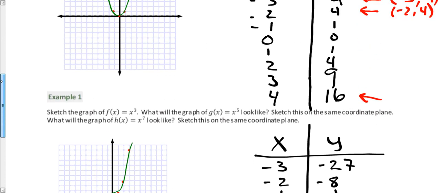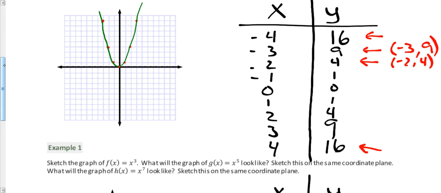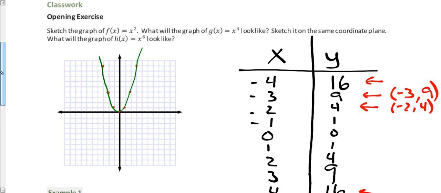Okay. Also, check this out. This one had an axis of symmetry at the y-axis. We call that an even function. Okay? We call it an even function because of that guy right there.